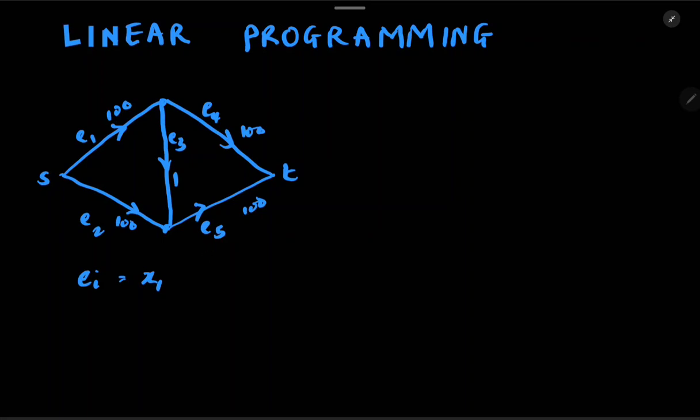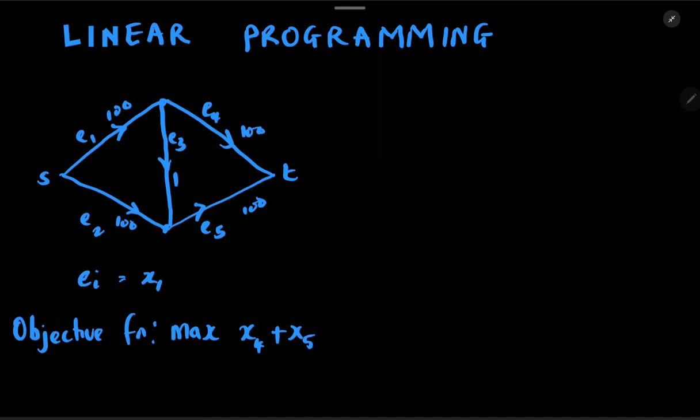If you remember from when we treated network flow problems before, our objective always was to transport the most capacity from the source to the sink. So if you interpret what I've just said mathematically, our objective function is to maximize x4 plus x5.